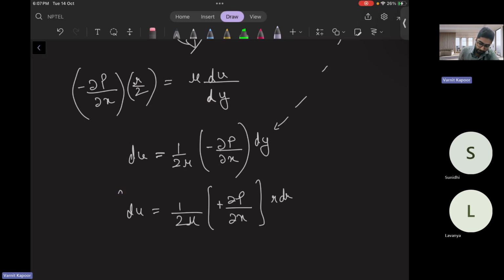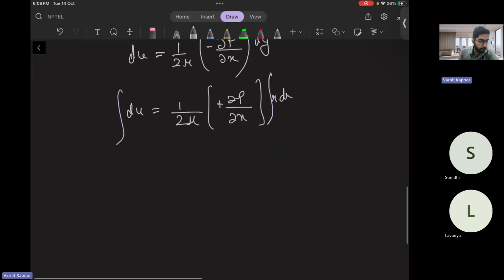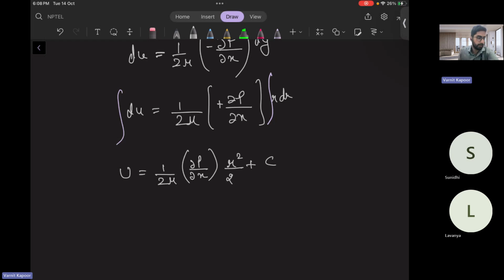And we'll integrate it. We can take out dou p by dou x outside. Only the integration will be on the r, as 1 by 2 mu is also a constant. So if you integrate it, your total velocity u is 1 by 2 mu dou p by dou x r square by 2 plus some constant c.